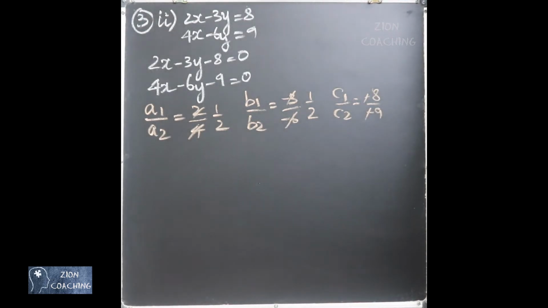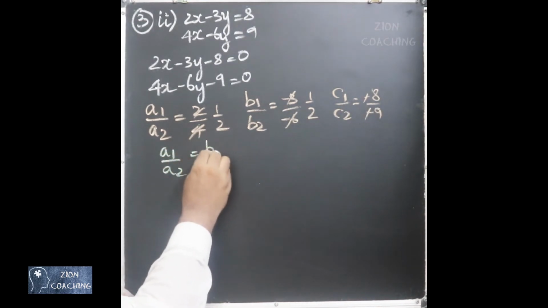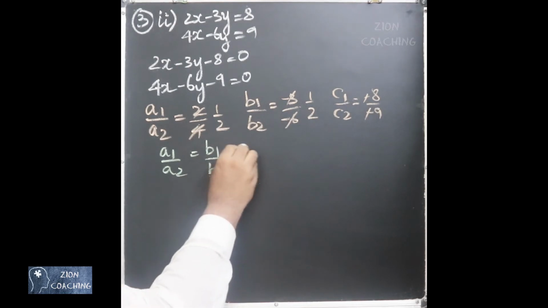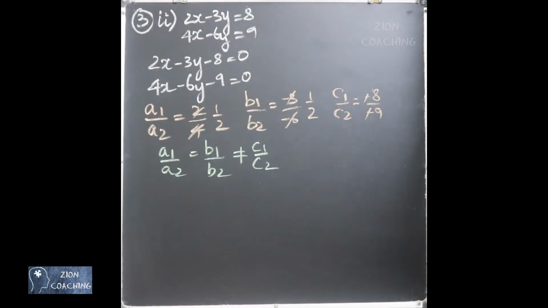Now you can see that a1 by a2 is equal to b1 by b2, but that is not equal to c1 by c2. So this is the condition for parallel lines. They represent parallel lines.